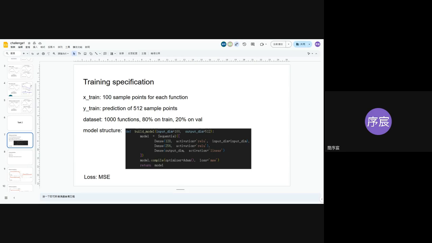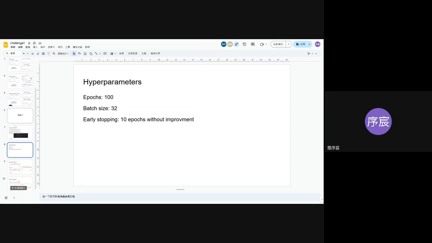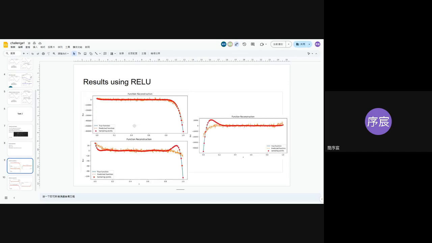The loss is MSE. For hyperparameters, epochs is 100 and batch size is 32, and early stopping is 10 epochs without improvement. And here come the results.